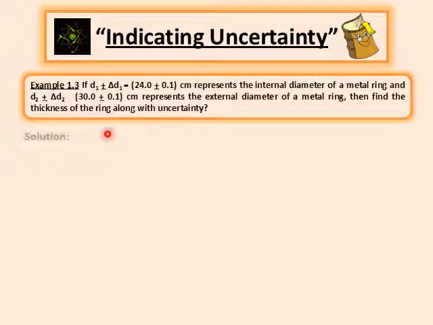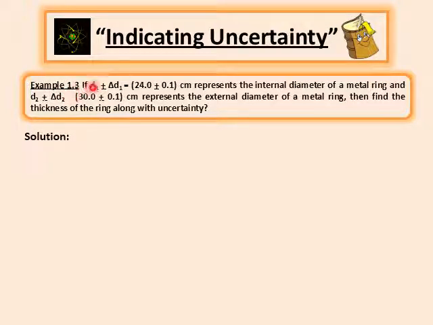Now students, here we are going to discuss the indication of uncertainty for addition and subtraction. Here we have an example from our book, example 1.3.